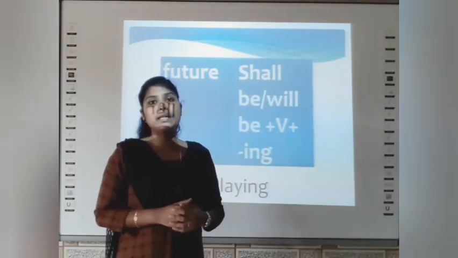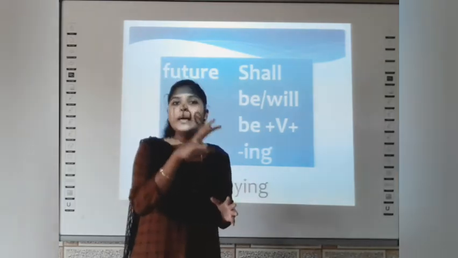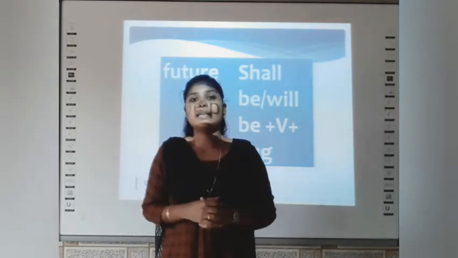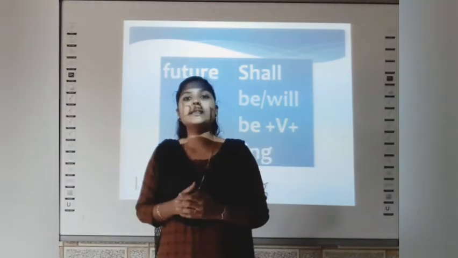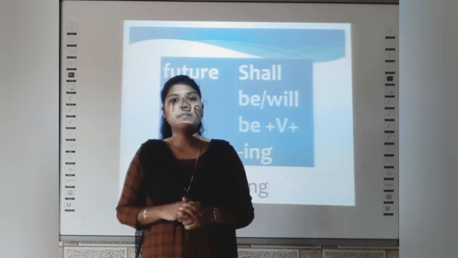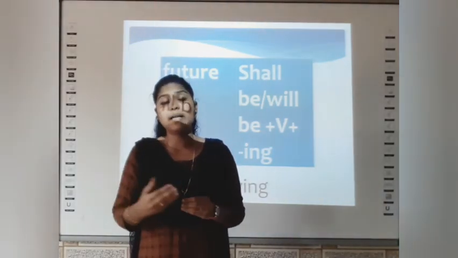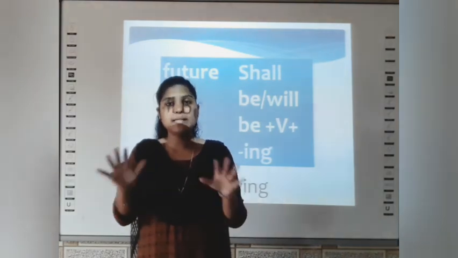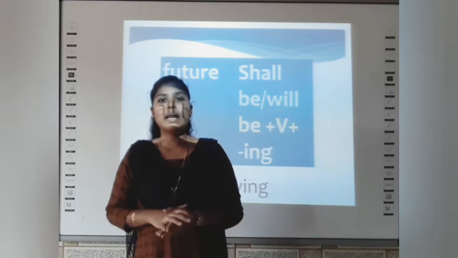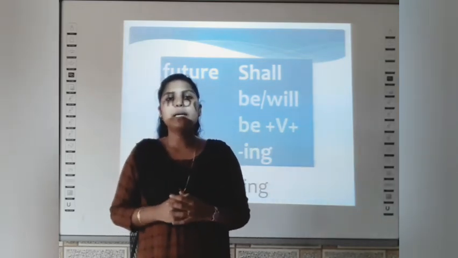Which means in the future, maybe tomorrow or next week or next month, he or she will be doing this activity at this time. For example, if I say, next month you will be studying inside your classroom, which means next month or next week at the same time you will be here in your school inside your classroom, studying something.